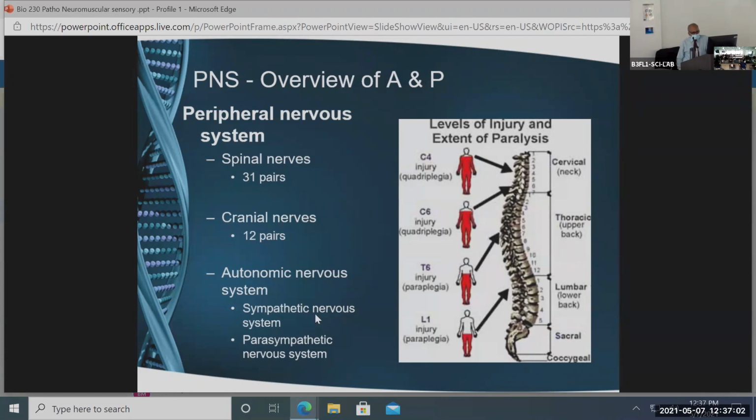At below T6, thoracic 6, paraplegia. At L1 injury, they're also going to cause paraplegia. If you at least remember these things, it is going to help. Okay.